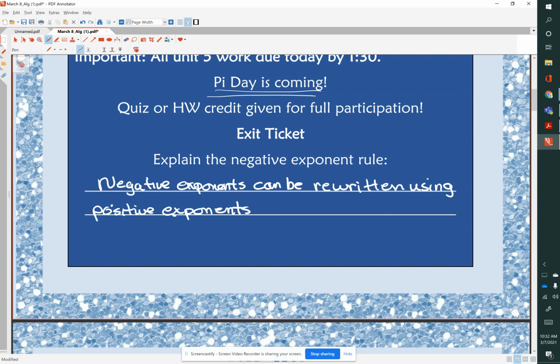Okay, and how do we do that? We move the negative term to the other side of the fraction bar. That's the negative exponent term.